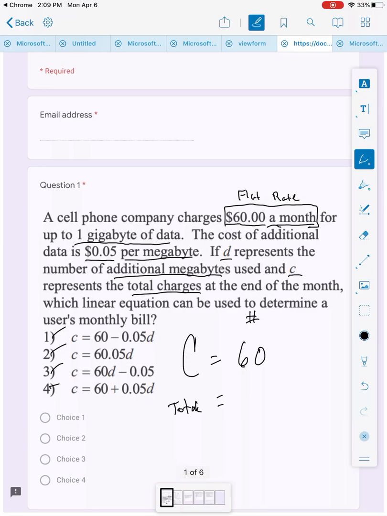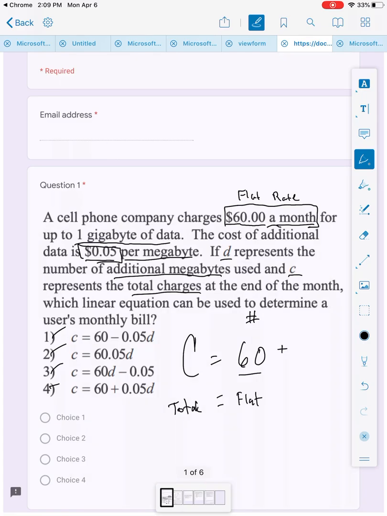All right, so as we dive back into this problem, it says in our second sentence, the cost of additional data is 5 cents per megabyte. And we're letting D represent this additional data that we're adding to our bill. Now, the rate here is 5 cents. And it's always going to be added on to your cost of 60.